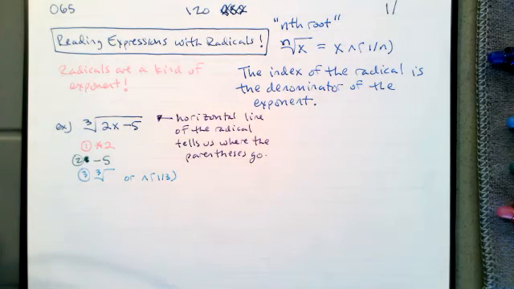So the horizontal line of the radical tells us where the parentheses go.